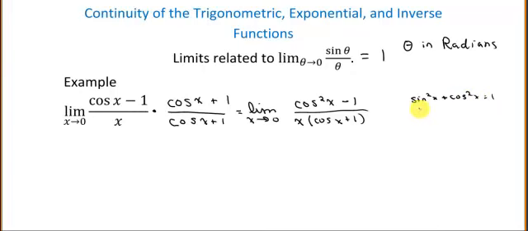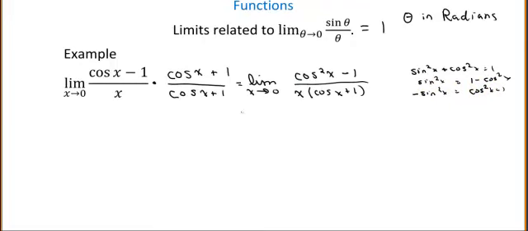So sine squared of x is equal to 1 minus cosine squared of x, and that means that the opposite of sine squared of x is equal to cosine squared of x minus 1, which is precisely what we have here. So this expression is going to be the same thing as the limit as x approaches 0 of the opposite of sine squared of x over x times the quantity cosine of x plus 1.